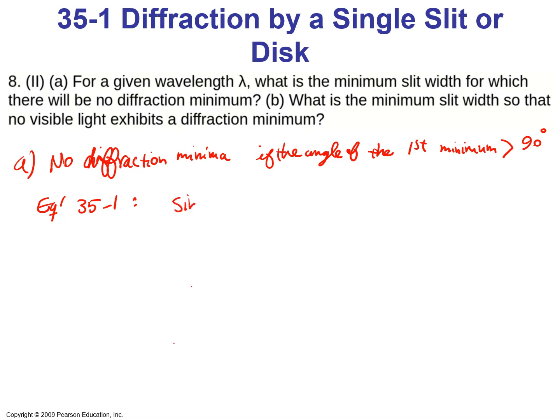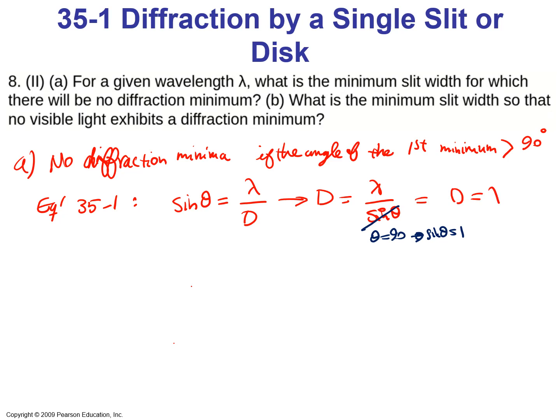So we have sine theta equal to lambda over d. Solve it for the size d: d equals lambda over sine theta, and for theta equal to 90 degrees, sine theta equals 1. So we have d equal to lambda.